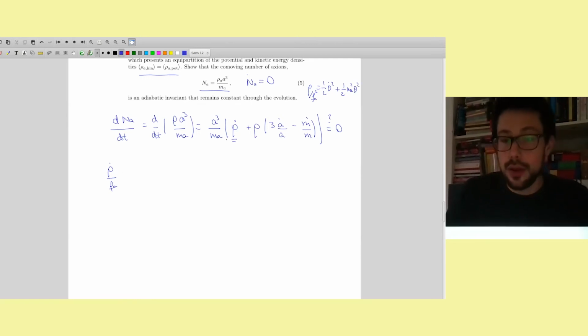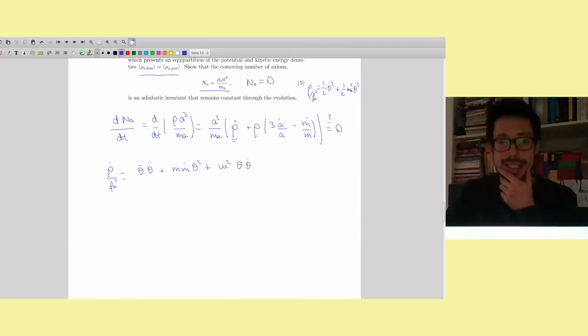So now if we take the time derivative of this, it is nothing but theta dot times theta double dot plus m dot times theta squared plus m squared theta dot theta. So this is the time derivative of the energy density.